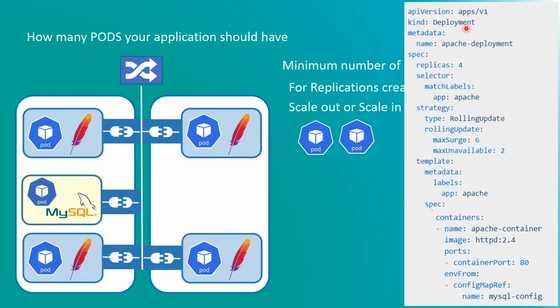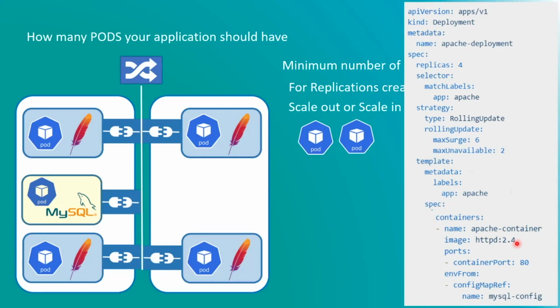Kubernetes Deployment creates an abstraction layer on top of the pod, and it helps us manage and maintain my pods, or auto scale my pods. It will help me maintain the minimum number of pods. Let's review this Kubernetes manifest file for Deployment. Here the kind is Deployment. Here I have the template where the application is Apache, and my container is the Apache container.